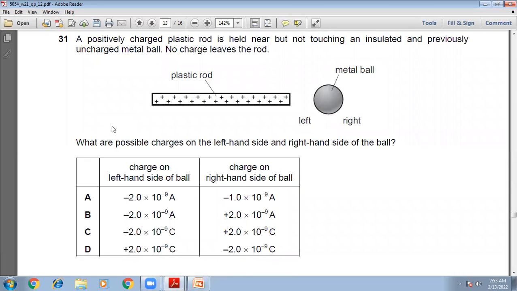The charge on both sides of the metal ball will be the same. So I think the best option with the correct signs is C.